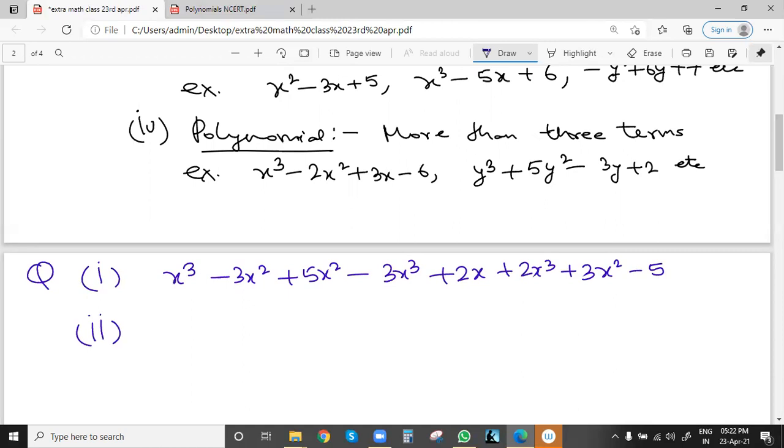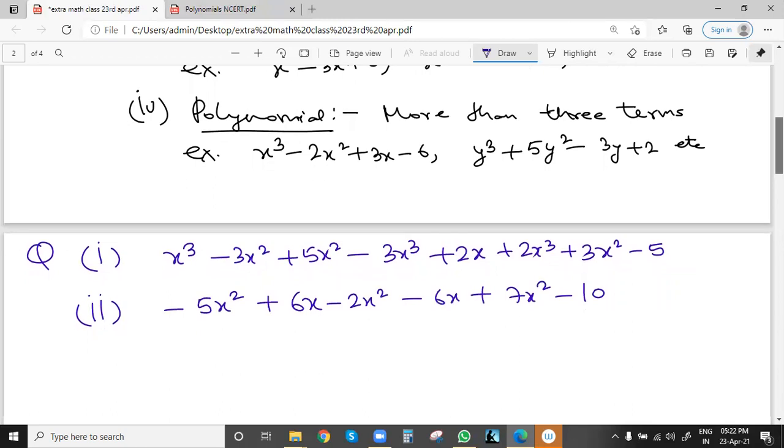Let me know the type of polynomial. Second case: minus 5x square plus 6x minus 2x square minus 6x plus 7x square minus 10.